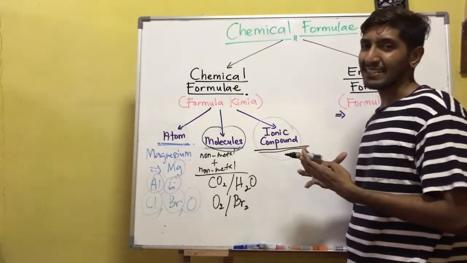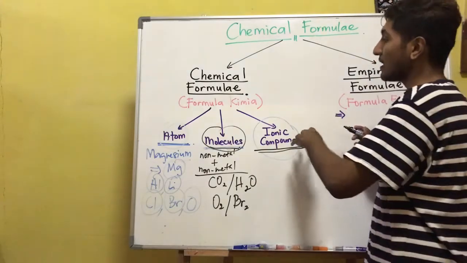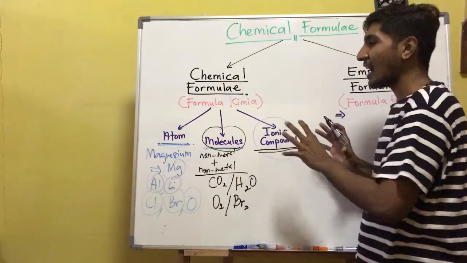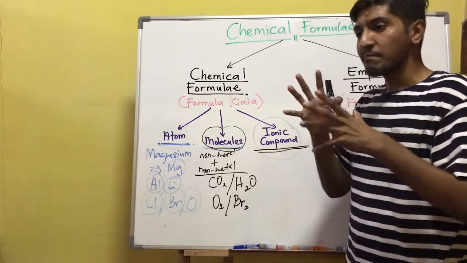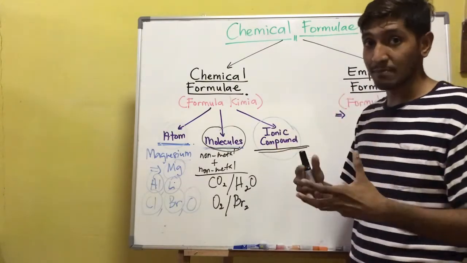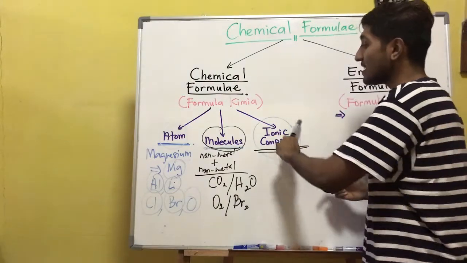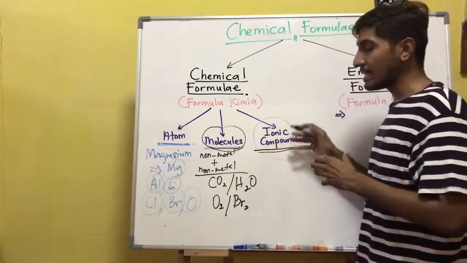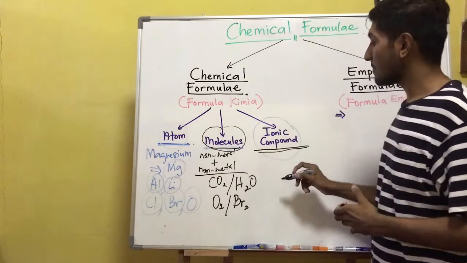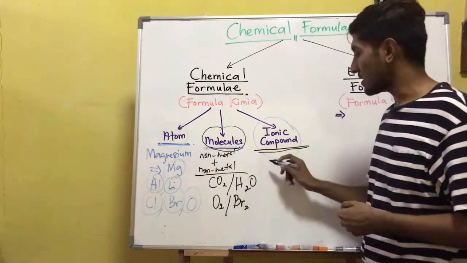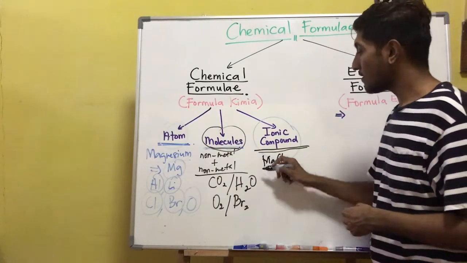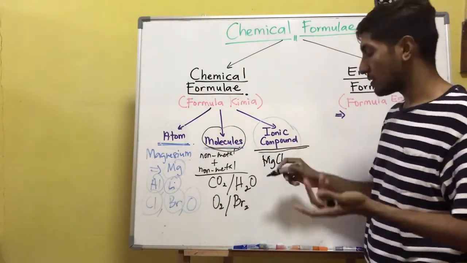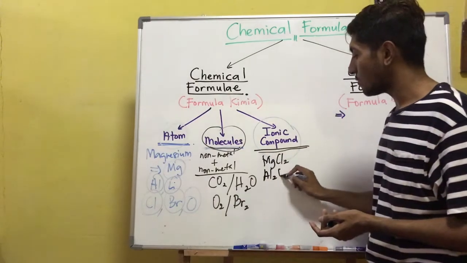Kita akan bincangkan tentang bahagian formula kimia yang agak bukan susah tetapi agak pelik dan agak special sikit sebab dia ada charge, kan? So, this is a bit special because it possesses charge. So, for example, if we're talking about magnesium chloride, it will be MgCl2. If we're talking about aluminium oxide, it will be Al2O3.